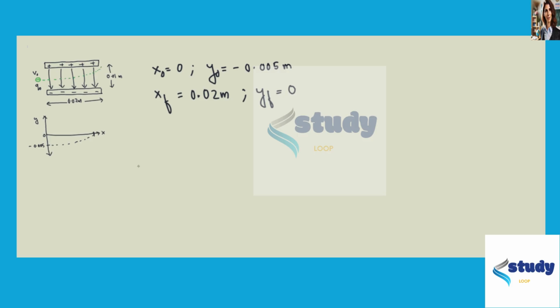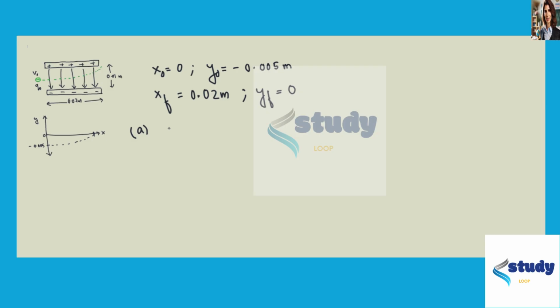Now for the first part we have to find the electric field. For that we need to find the acceleration, and in order to find the acceleration we need to find the time at which it reaches the end of the plates.